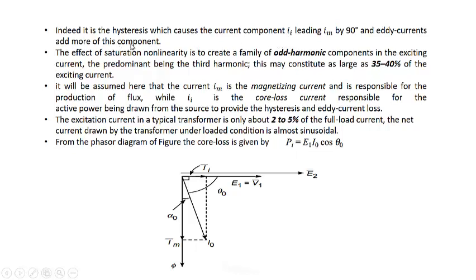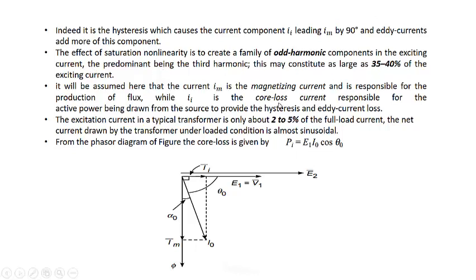So until now we are assuming that the BH curve is linear. Now the effect of saturation non-linearity is to create a family of odd harmonic components in the exciting current. So you need to remember this, and this is very important when we consider saturation in the BH curve.